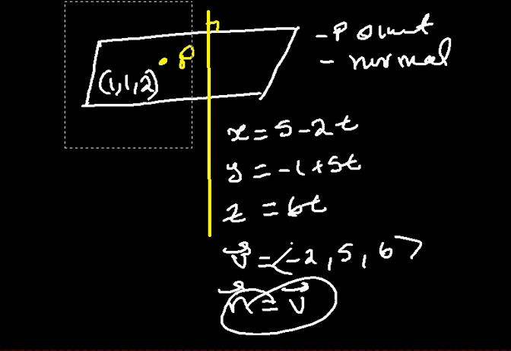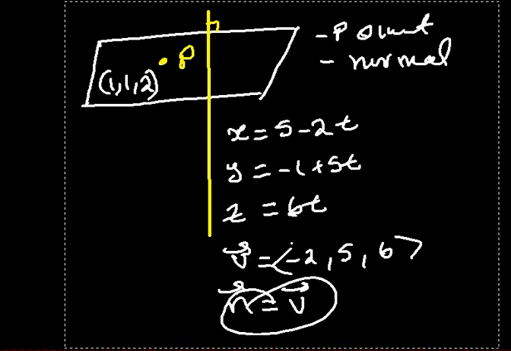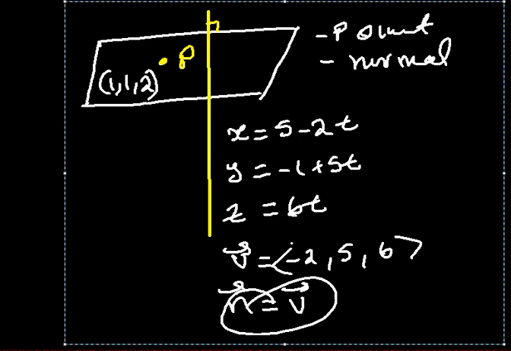So whenever the plane is perpendicular to a line, the directional vector of that particular line is the normal vector for that particular plane. Keep that in mind.